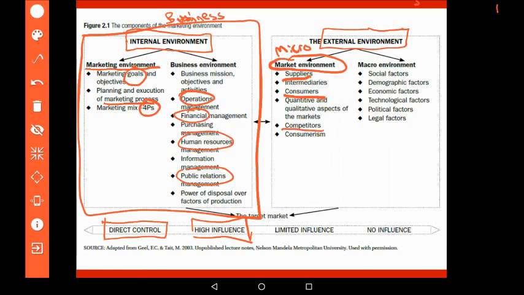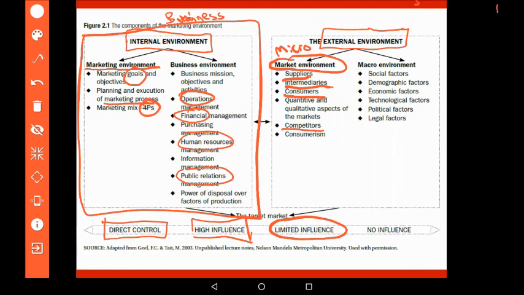These are the organizations which we have a relationship with, and we have a limited influence over them. We can influence our competitors and certainly our suppliers. We can ask them to bring us our raw materials on time and things like that. And obviously our consumers and intermediaries, which get our product from the manufacturers to the eventual retailers.